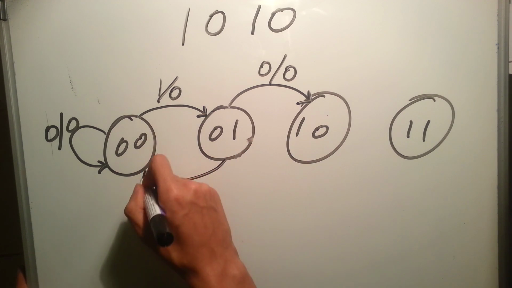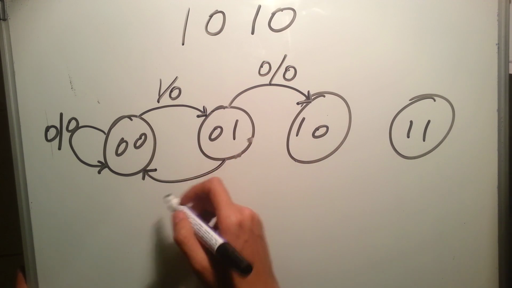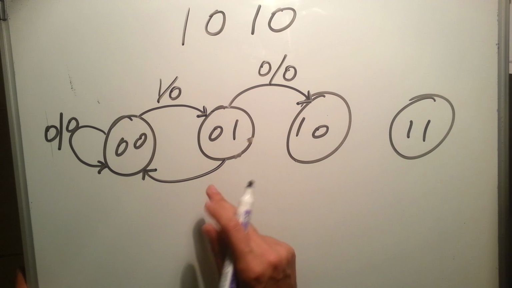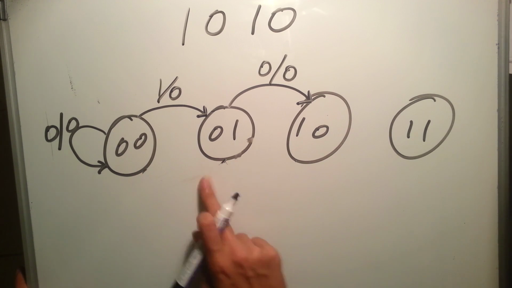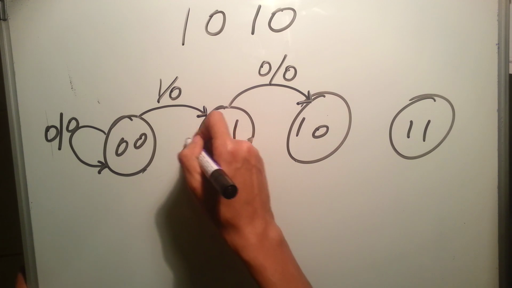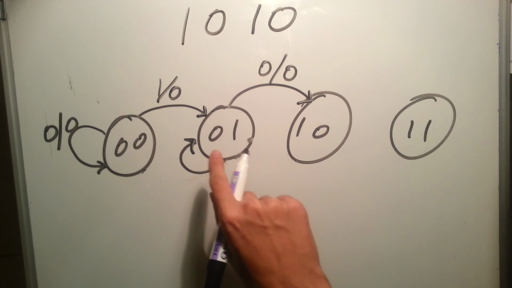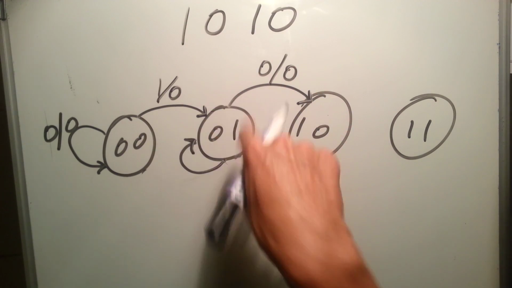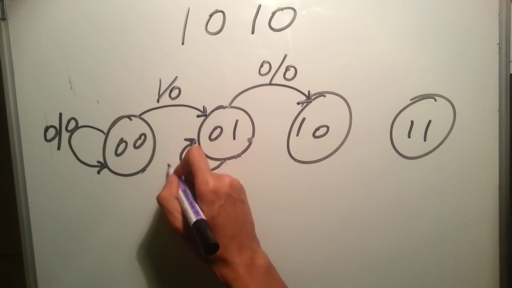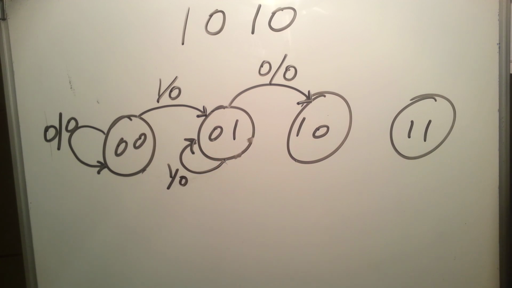at this state, you'll have to go back again, because 1 1, then you have to reset. No, if you got a 1, you don't go back. You basically will stay at the same state, because you already have 1, so you'll stay here until you get the 0, with output 0.